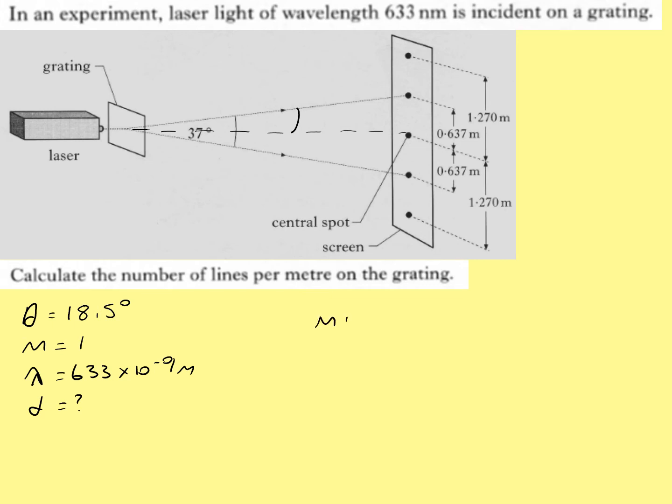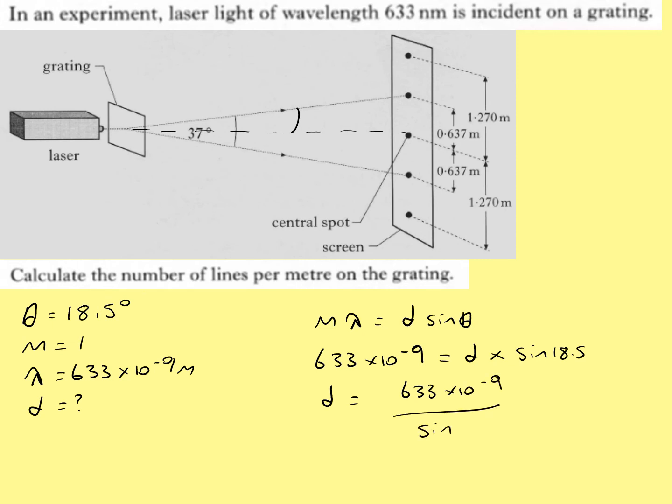So m lambda is equal to d sine theta. 1 times lambda, so 633 times 10 to the negative 9 is equal to d multiplied by sine of 18.5. d is equal to 633 times 10 to the negative 9 divided by sine of 18.5, giving us a value of 2 times 10 to the negative 6 meters.